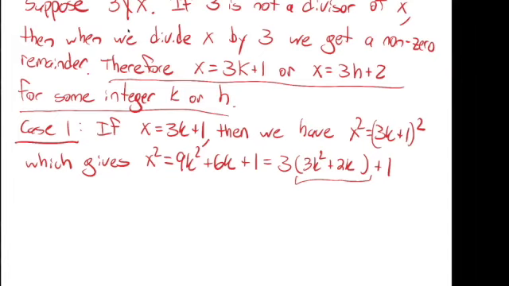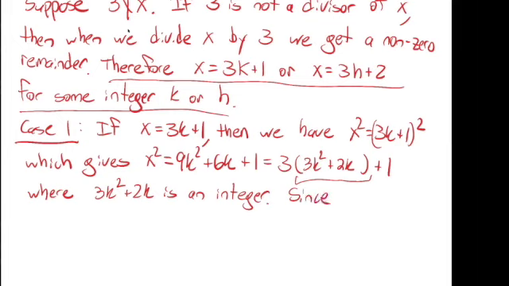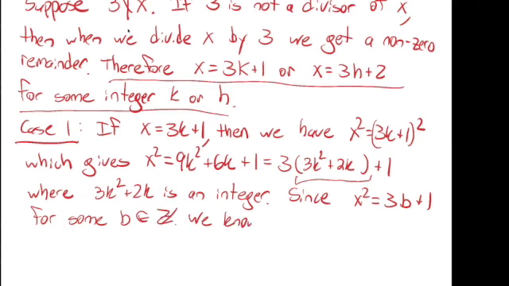Now I've written it as 3 times some integer plus 1. So that would tell us that 3 is not a divisor of x squared.